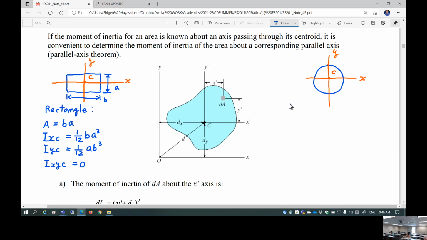This is a circle. Obviously, suppose the radius is given, the area is equal to pi r squared.